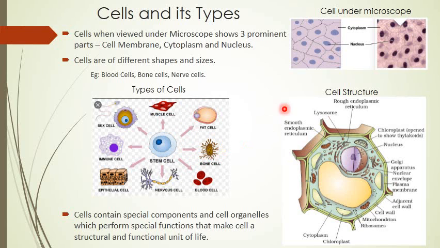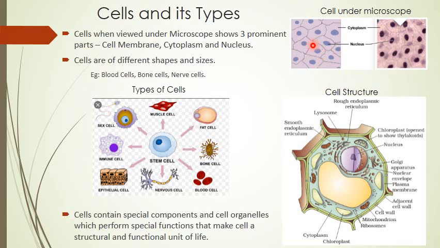Then, what I have shown is viewed under a compound microscope. When I view one particular cell under an electron microscope, it would look like this. Can you now imagine the difference between the compound and the electron microscope?